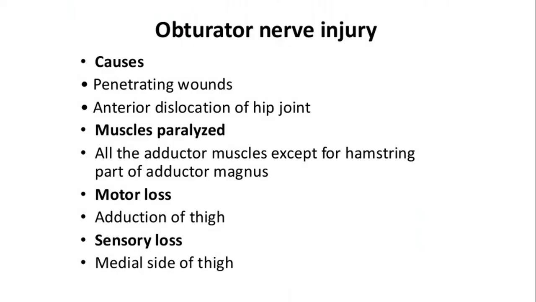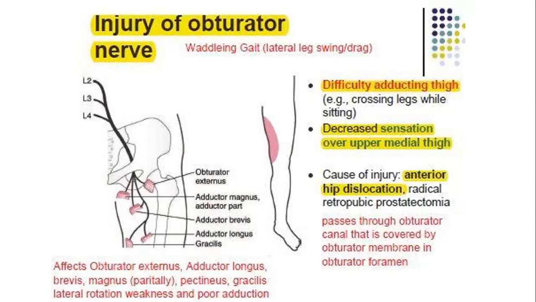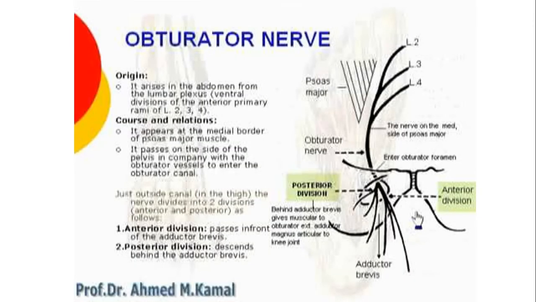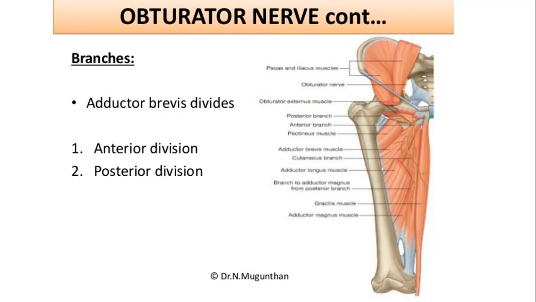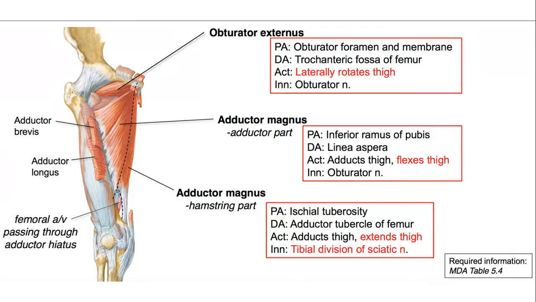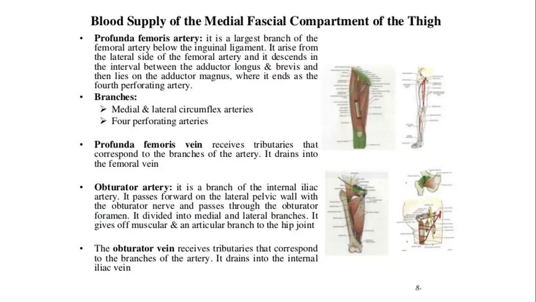So we have discussed the medial compartment of the thigh, and along with that two adductor muscles, obturator externus and the pectineus also. We have seen the muscles during our discussion. We have seen that the profunda femoris artery is the important artery. Along with that, the obturator artery.